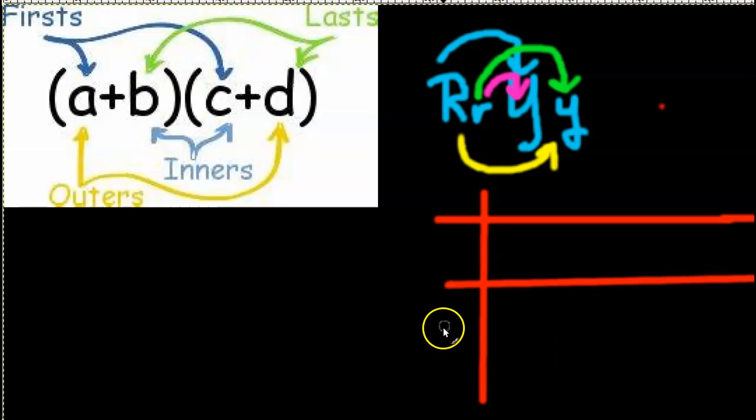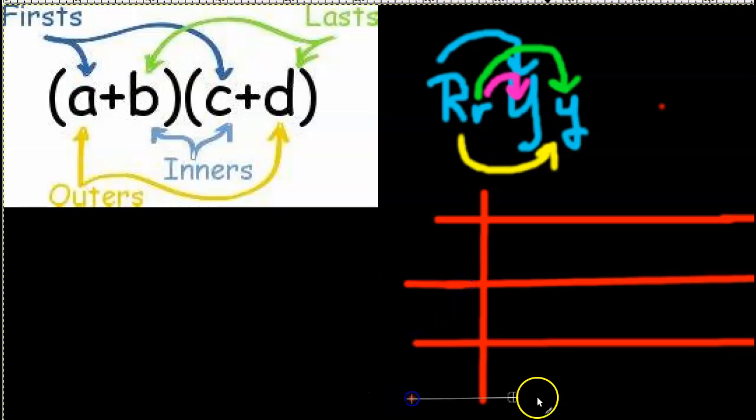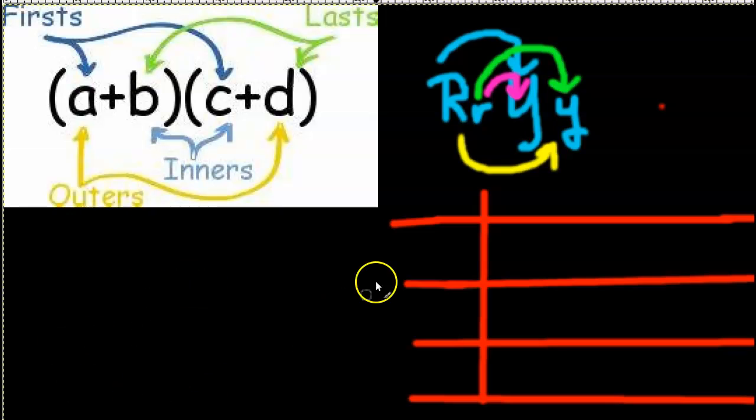Notice I'm making a much bigger Punnett square. So what we did here, we did this first.